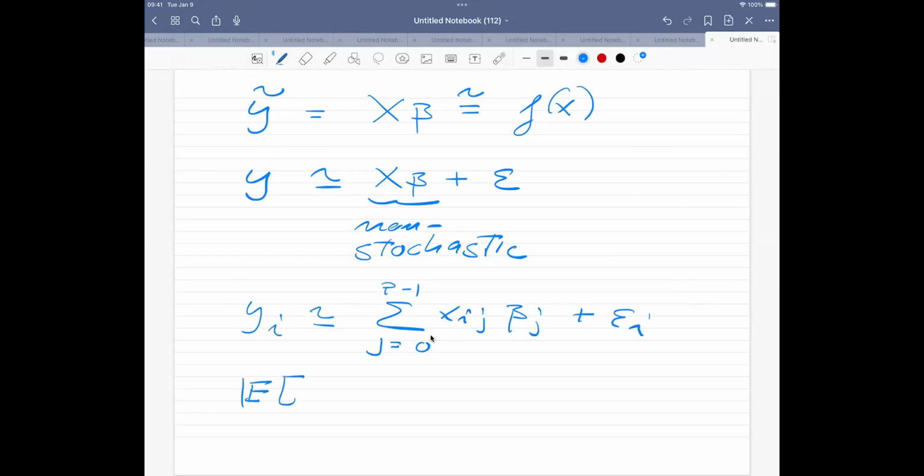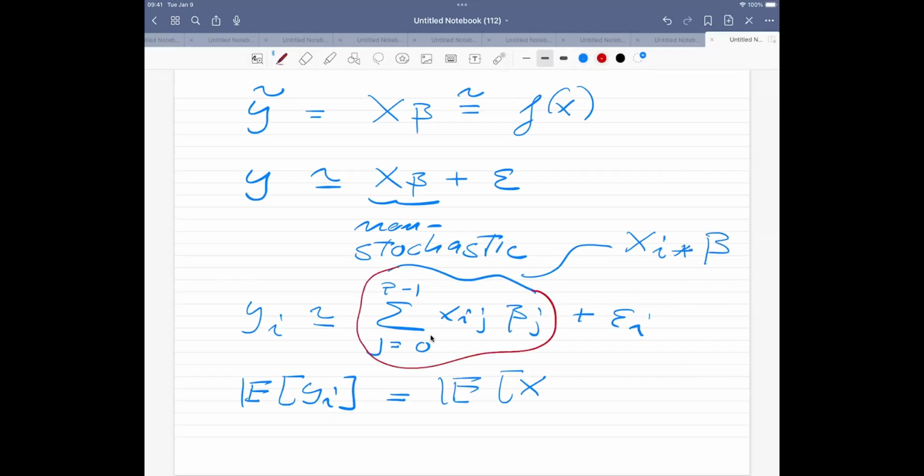So if I calculate the expectation value of this quantity, it is the expectation value of a non-stochastic variable. I'm going to rewrite this quantity as x_i with an asterisk to indicate this multiplication, just for compactness.